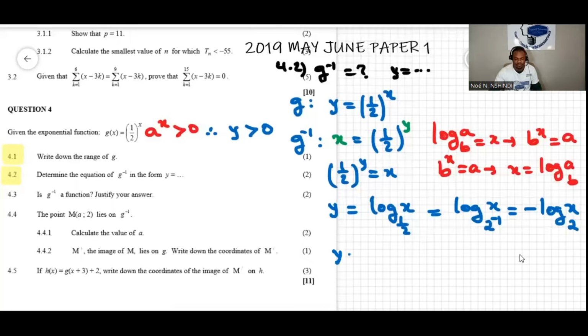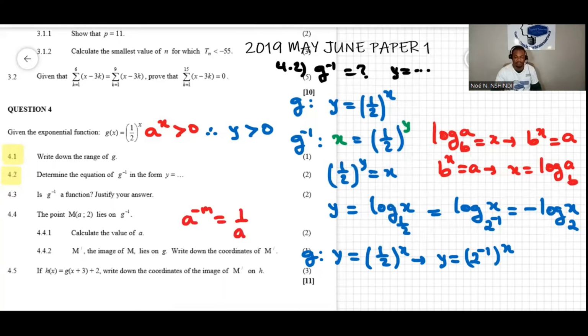Y was given in g of x like a half to the power of x, right? So this can be written as y equal to 2 to the negative 1, to the power of x. If you remember the law of exponents, you know the property that says a to the negative m is equal to 1 over a to the m. Remember, those laws are applied in both orders, left to right and right to left.